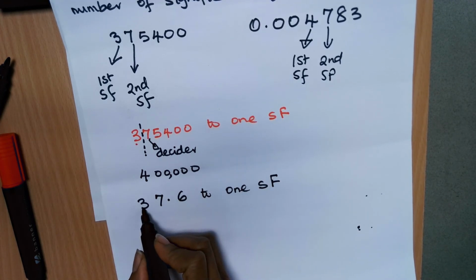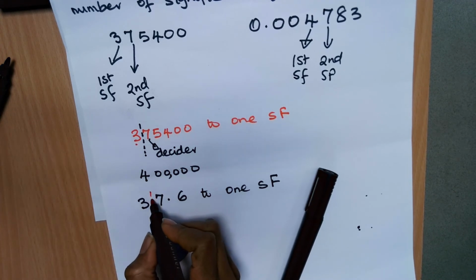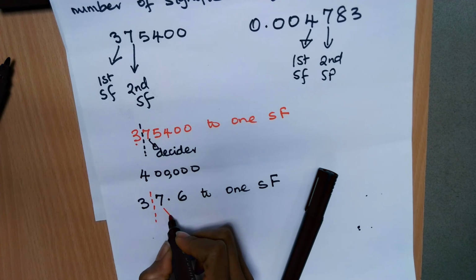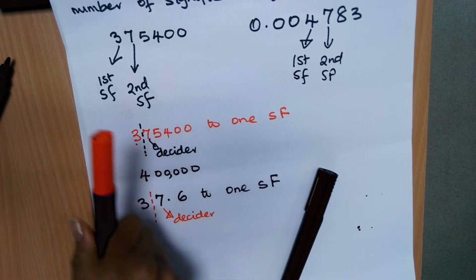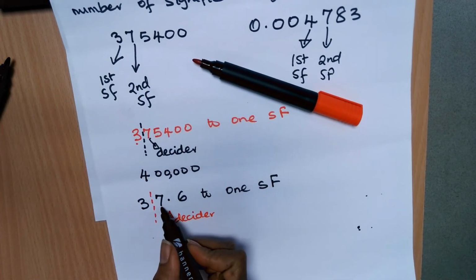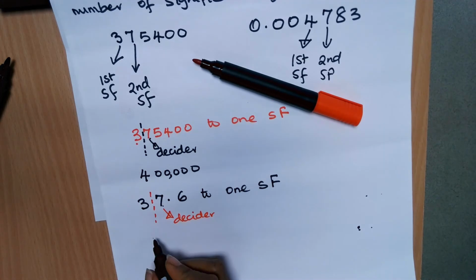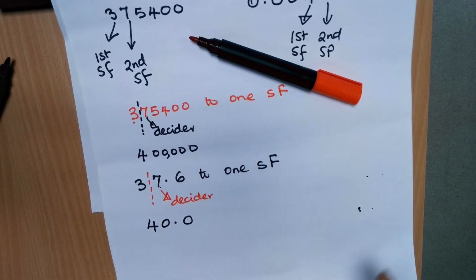We're looking at this number as the first digit, first significant figure, so we put the dotted lines here. So this one becomes the decider, so this decides what happens to 3. So because it's more than 5, we round up. So if we round up, our answer is going to be 40.0. So everything becomes 0 at this stage.